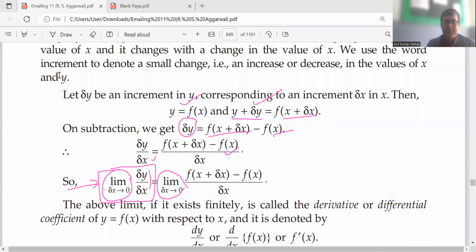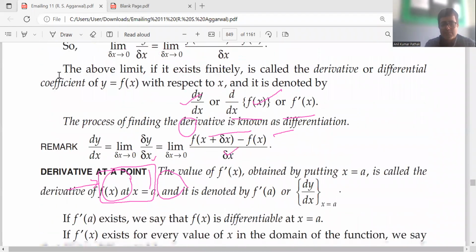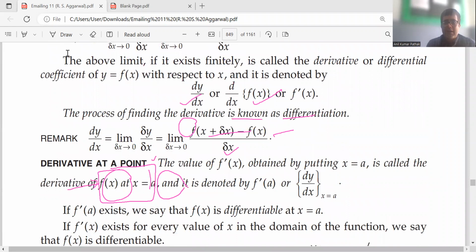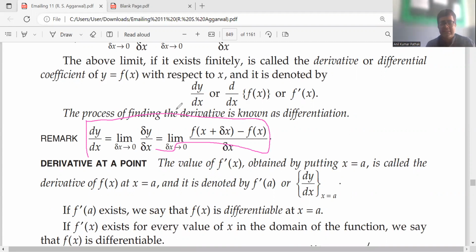So now we proceed further. This becomes our formula, and wherever we get this condition to find any differentiation, we use directly this formula only. dy by dx is equal to limit of delta y by delta x for delta x tending to 0, and is equal to limit of f of x plus delta x minus f of x divided by delta x.